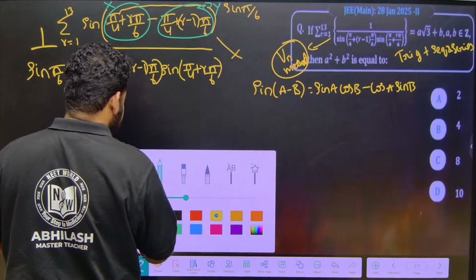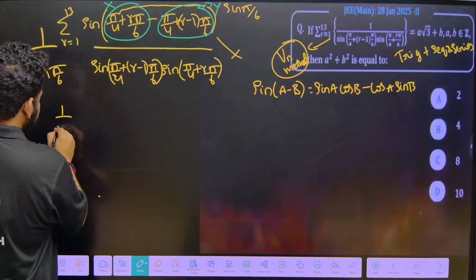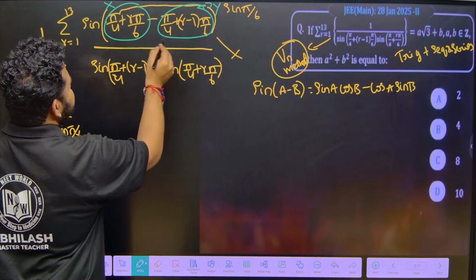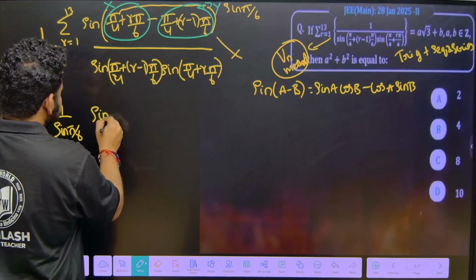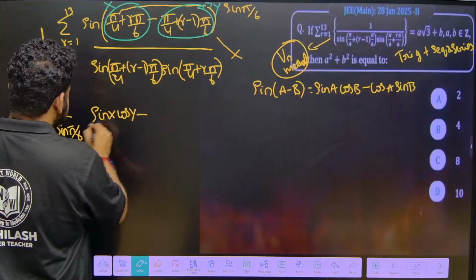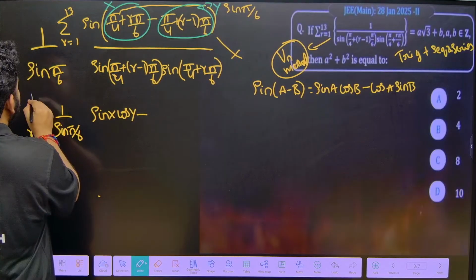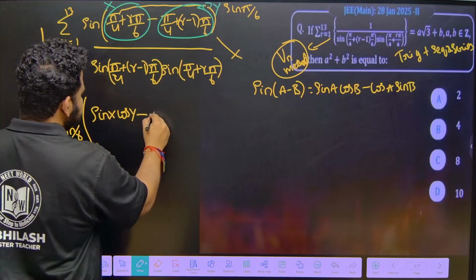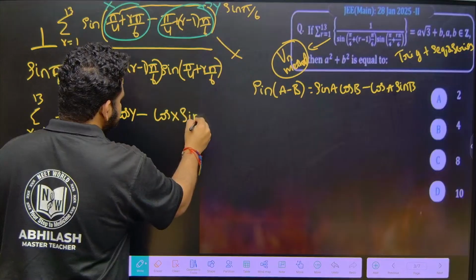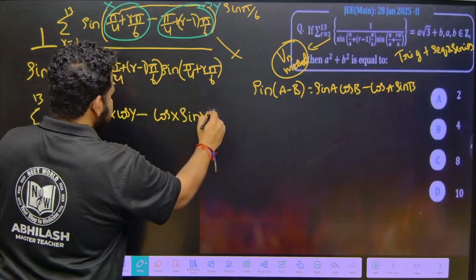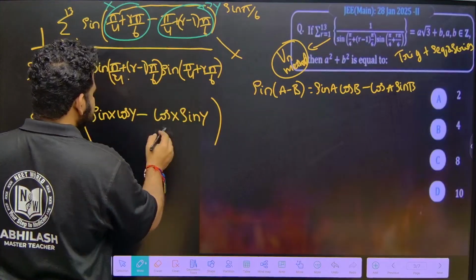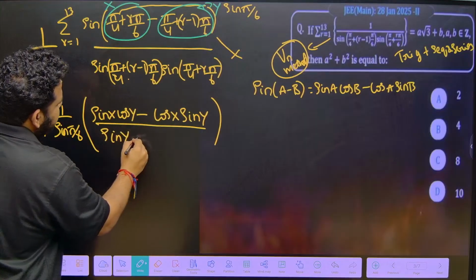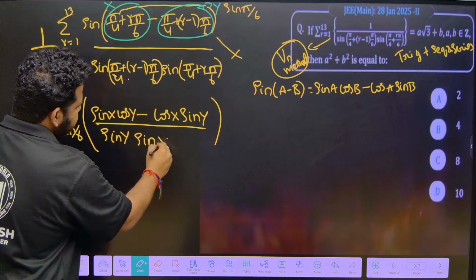This will become 1 by sin pi by 6 into summation of r running from 1 to 13 of sin x cos y minus cos x sin y, divided by sin y sin x.